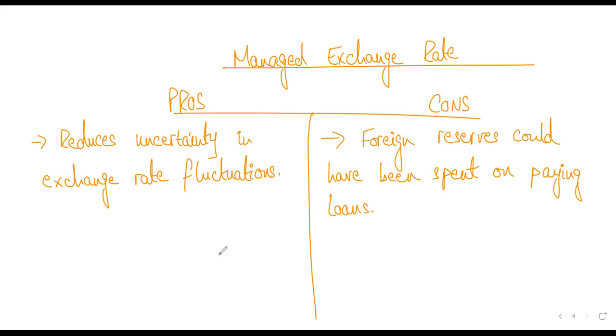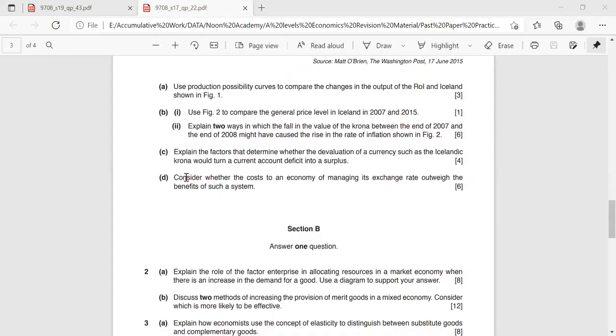Are we good? Okay, what else? Anything else that comes to your mind? It is 6 marks, sorry, my bad. Consider whether the cost to an economy of managing exchange rate outweighs the benefits of such a system.